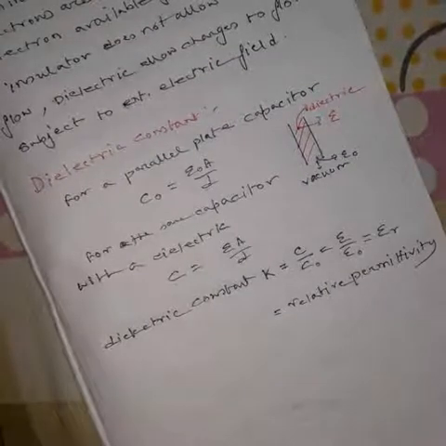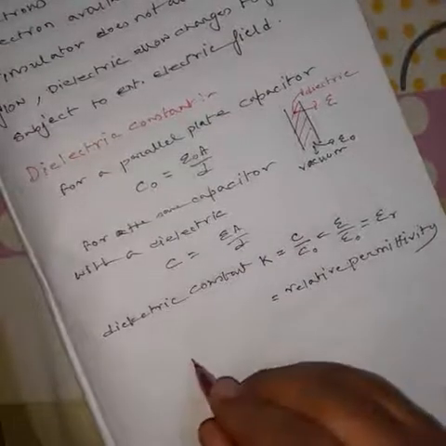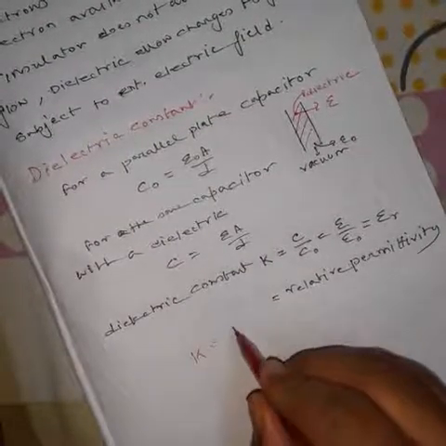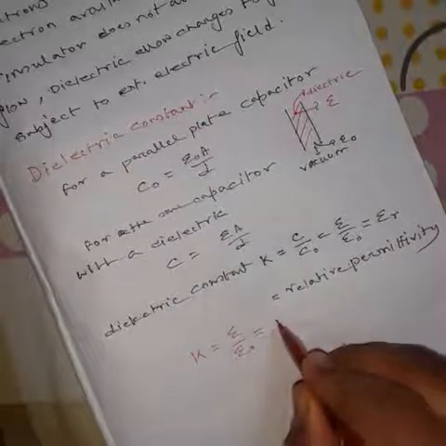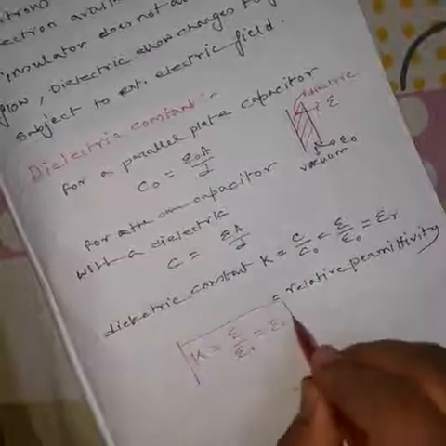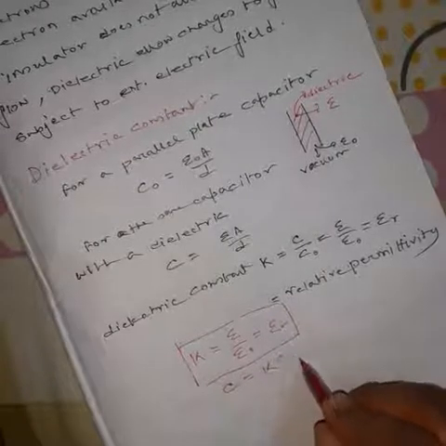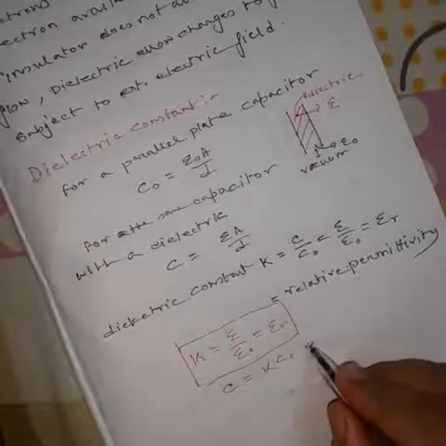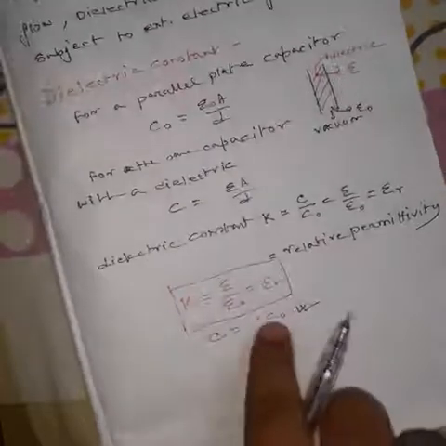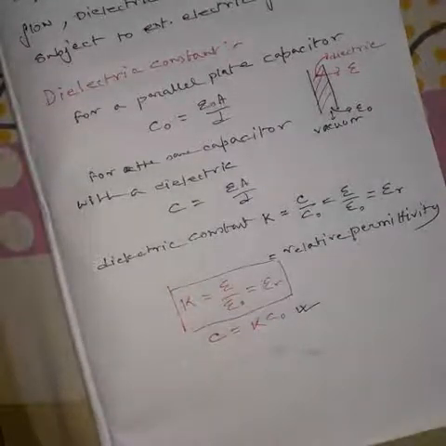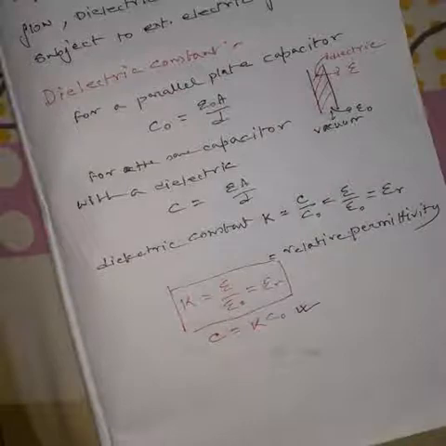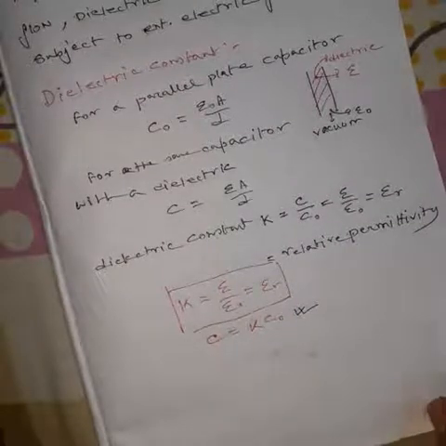So K equals epsilon by epsilon 0 equals epsilon r, and the capacitance C is K times C0. This is the reason why we use dielectric material: if we place it between a parallel plate capacitor, the capacitance is increased by K times.